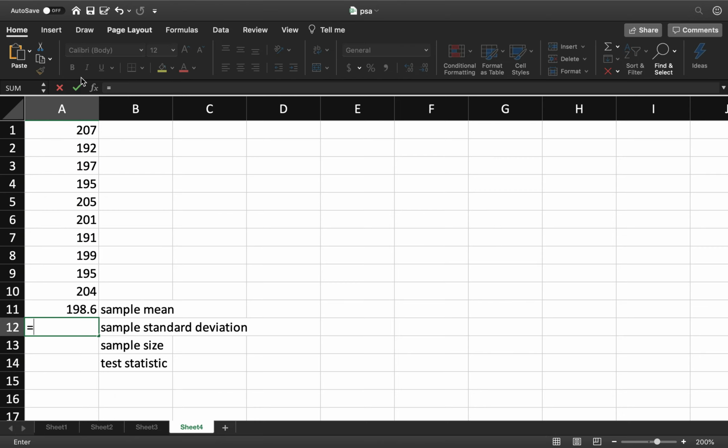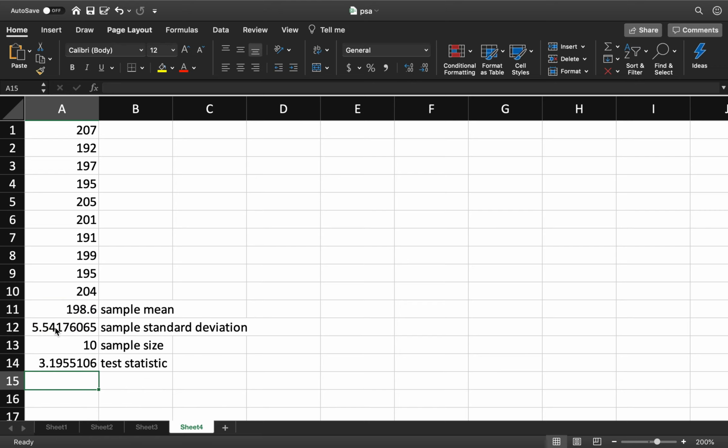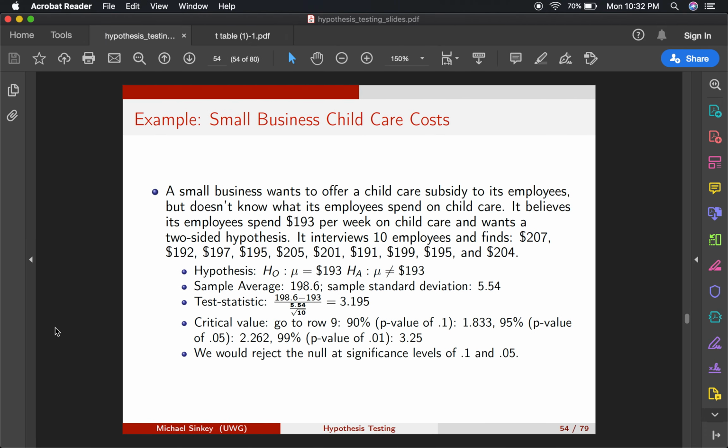Our sample standard deviation, we take the standard deviation of the data. Here it is. Our sample size is 10. Our test statistic, we take the sample mean minus the claim, which is 193. We divide by the standard deviation over the square root of the sample size. We get a test statistic of 3.195.